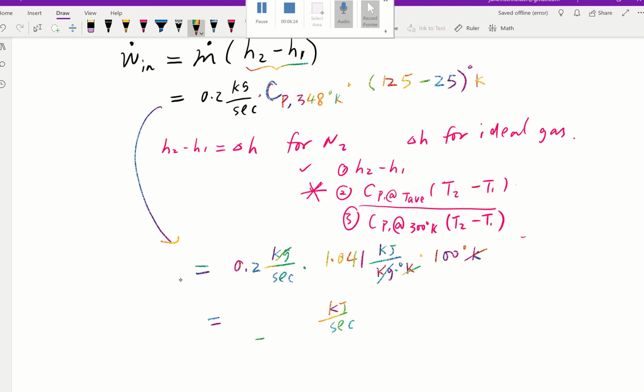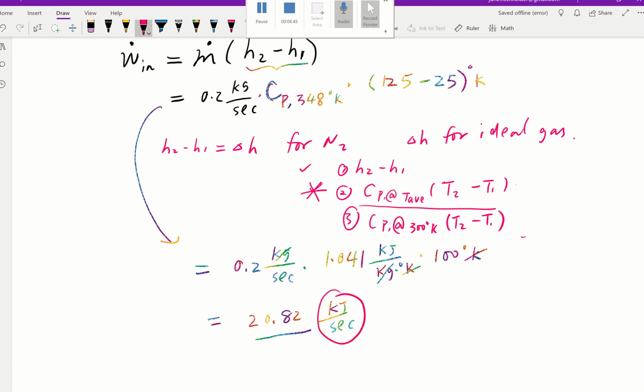Okay, so calculate that. 1.041 times 0.2 times 100 gives us 20.82. And what's the unit?